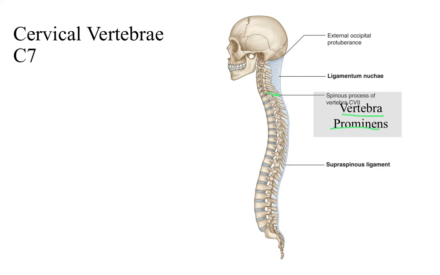Right, so that very first spinous process that you're able to feel on your back. So I recommend feeling that on yourself. Look at your lab partner, look at your significant other at home, and point out where that vertebral prominence is, so you get a good idea of where you are within the vertebral column.